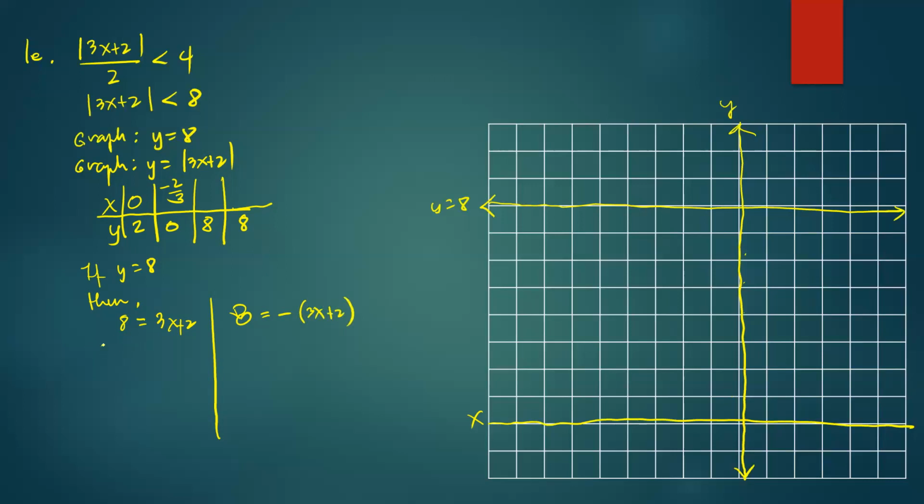So we have 8 minus 2 is equal to 3x, or that is 6 is equal to 3x, or x is equal to 2. We have 8 is equal to negative of 3x plus 2, so that is negative 3x minus 2. Then we will have 8 plus 2 is equal to negative 3x, or that is 18 divided by negative 3.